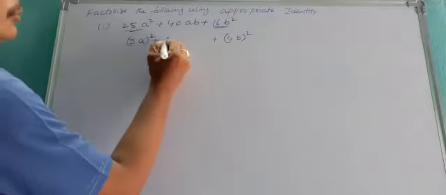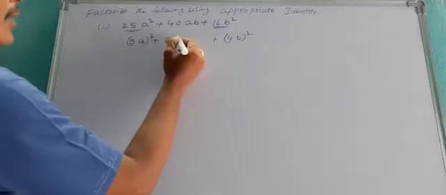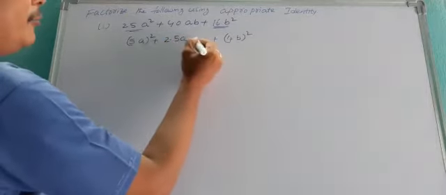Middle one, 2ab, where a is 5a and b is 4b.